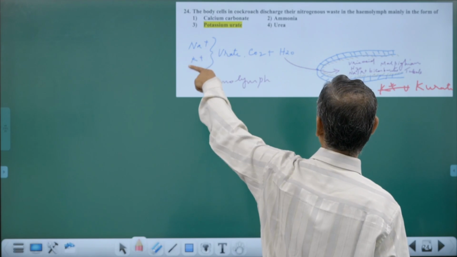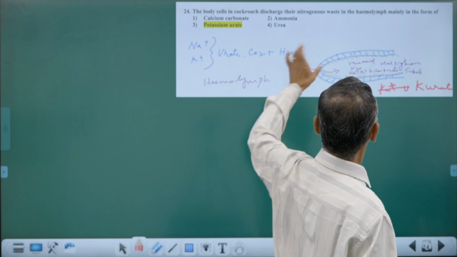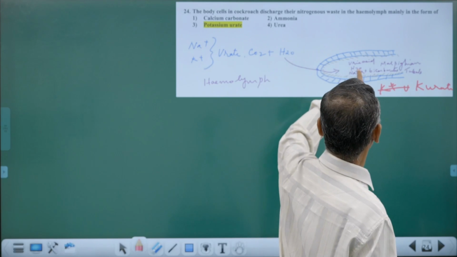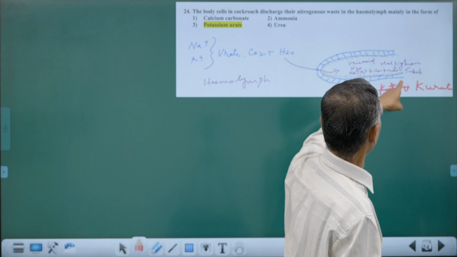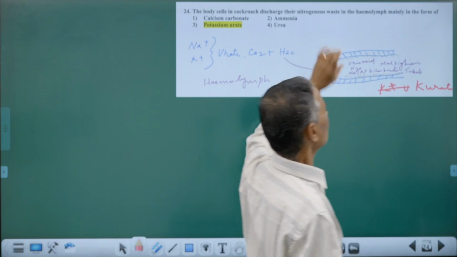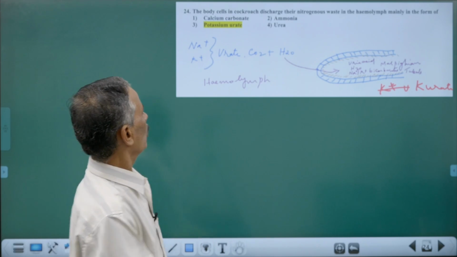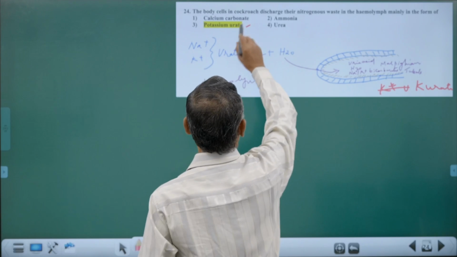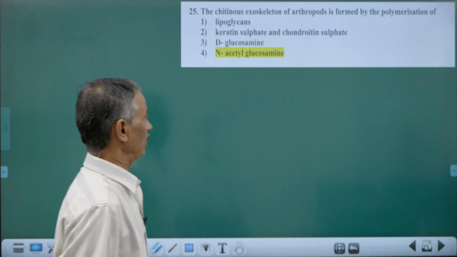Clear? So, the sodium and potassium urate will be released and converted into uric acid, ammonia, sodium and potassium bicarbonate within the cells of the Malpighian tubules and then eliminated. Mainly in the form of potassium urate. They are uricotelic in nature.